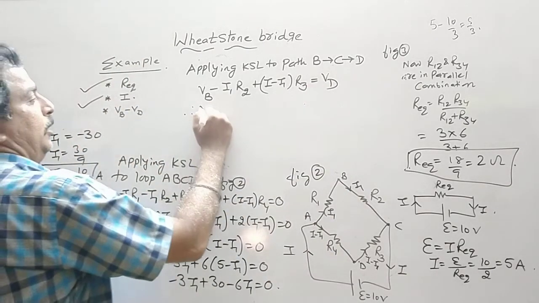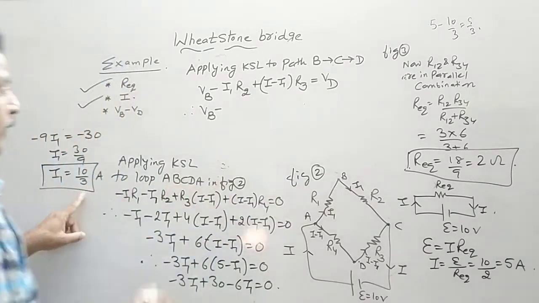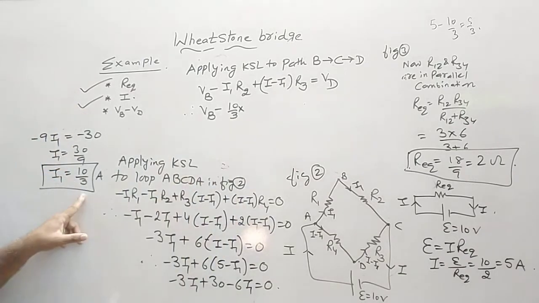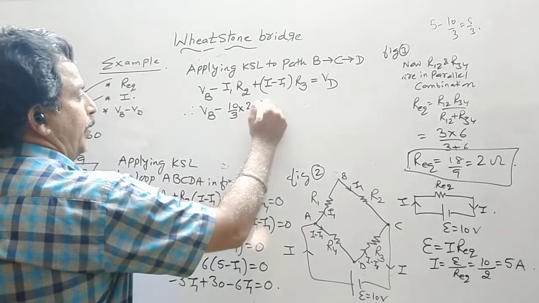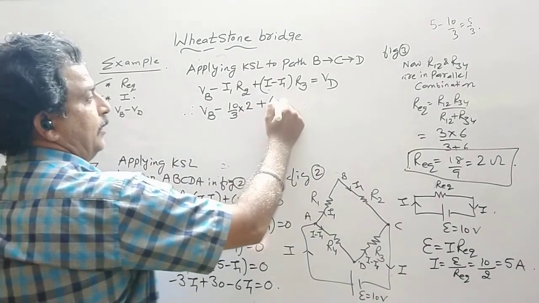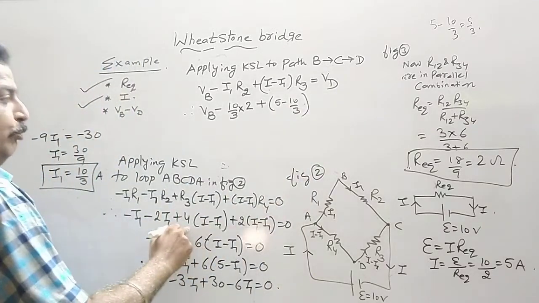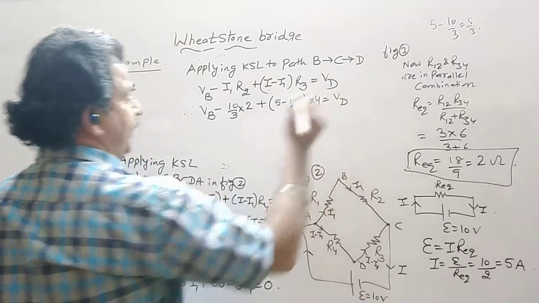Therefore, VB minus, I1 value was 10 by 3, so 10 by 3 into R2 value, which was 2, plus I minus I1, that is 5 minus 10 by 3, into R3 value, which was 4, is equal to VD.